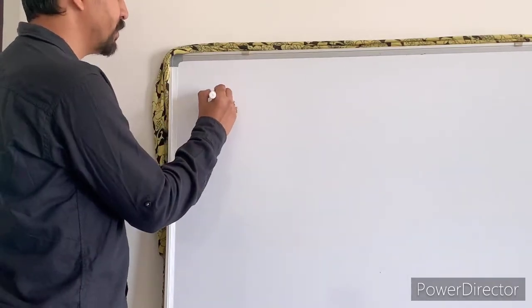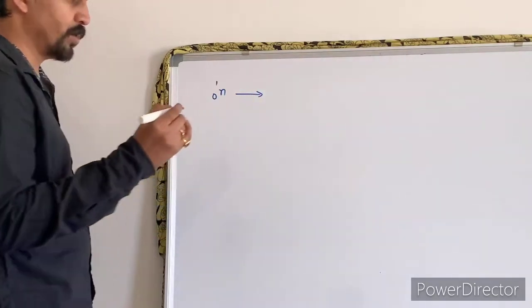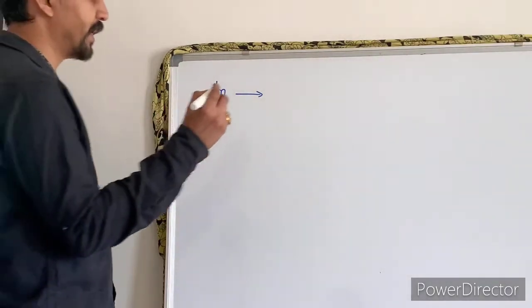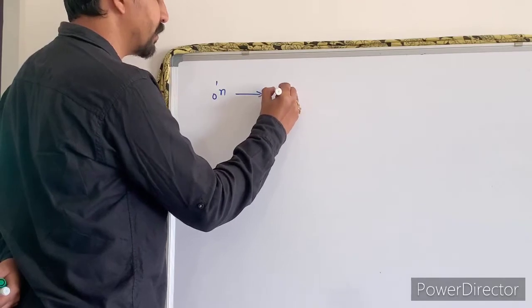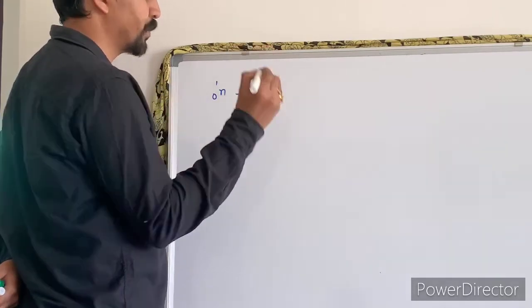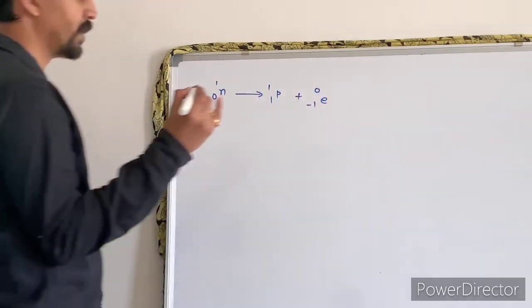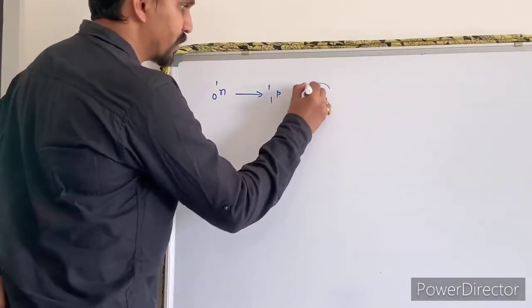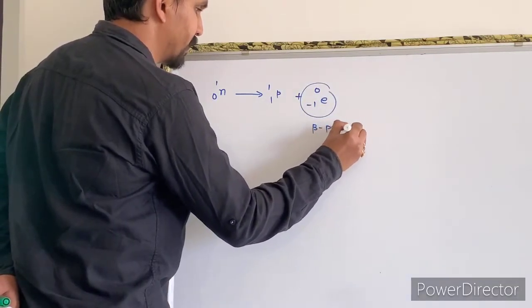The neutron is 0n1. This neutron gets converted into proton and electron in the nucleus of a radioactive element. This electron is nothing but your beta particle.